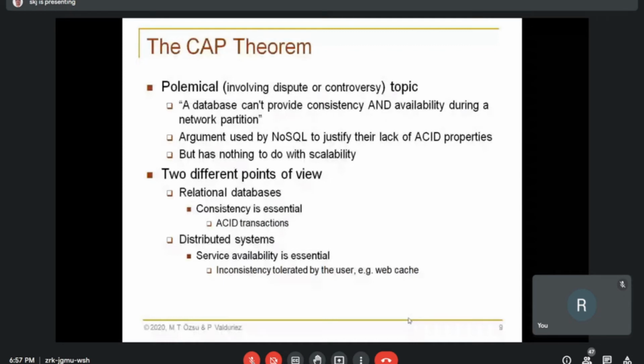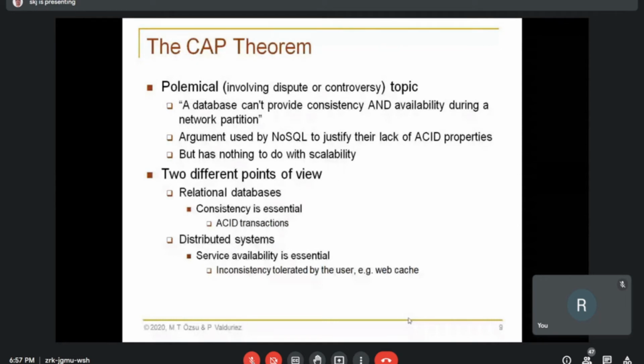Data is not consistent, but eventually it will be consistent. After a few hours, you will get my current address. So in several such applications where this kind of seriousness is not there, we can relax that condition.